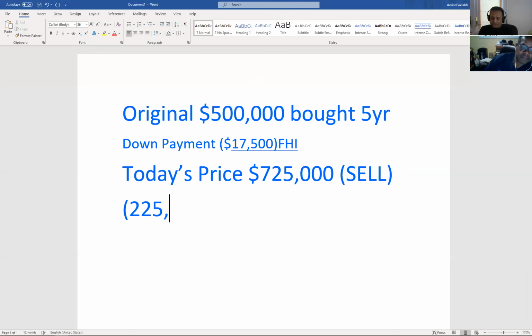So if you sold it, the word is if, right? If you sold it, this is how much, minus the expenses. This is how much you're going to end up with in the net. Gross profit is without the expenses.